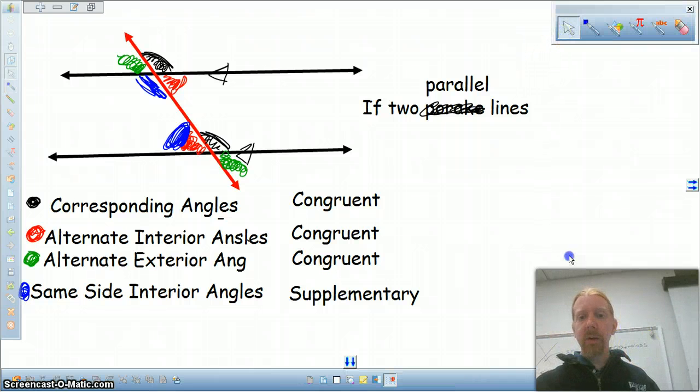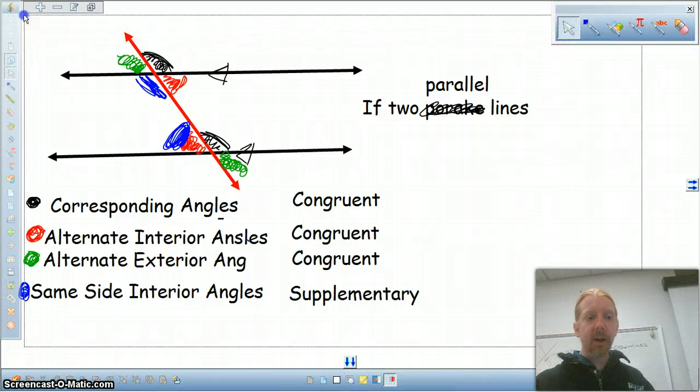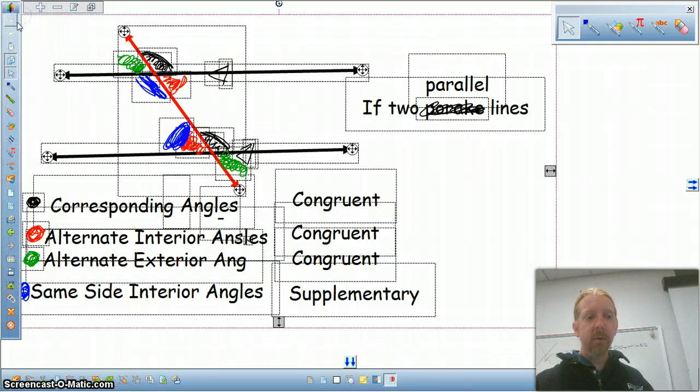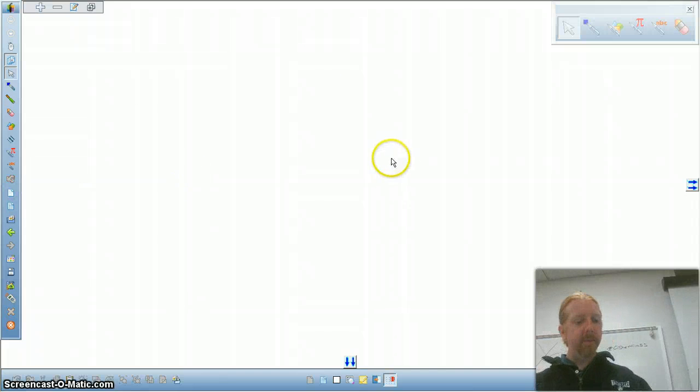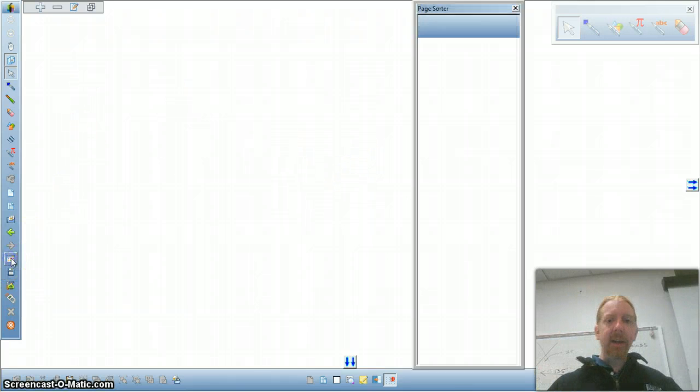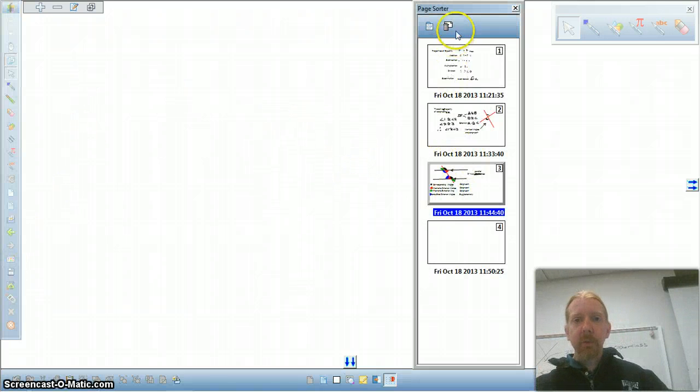Now, what I'm going to do is take all of this and copy it. We're going to put that on another slide, and on this slide I'm going to make a copy of that slide, because all we're going to do is change it.